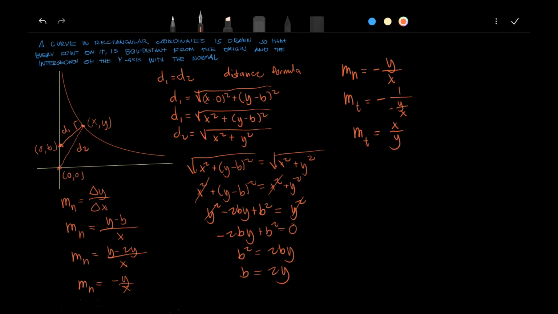Now this right here is the slope of the tangent. We will just integrate this by variable separable, and then integrate.